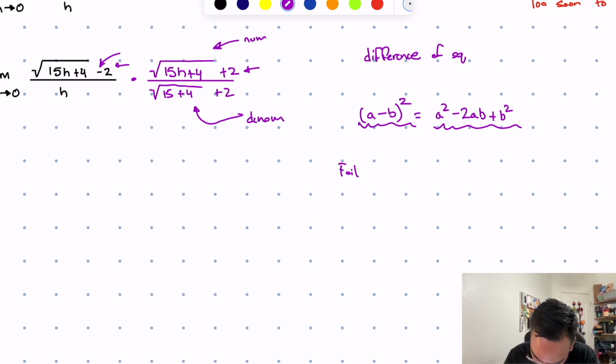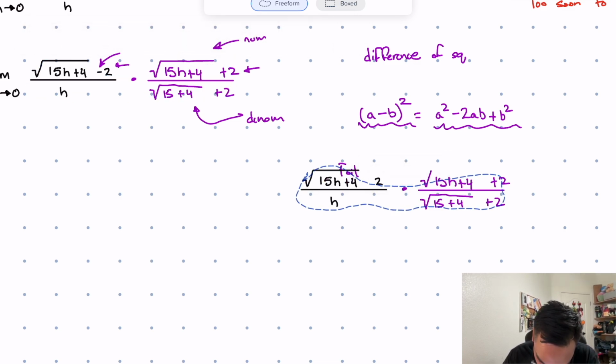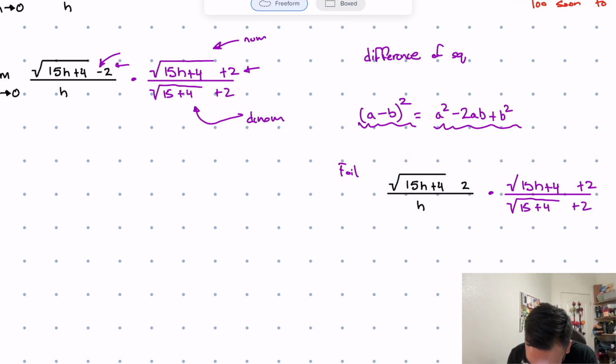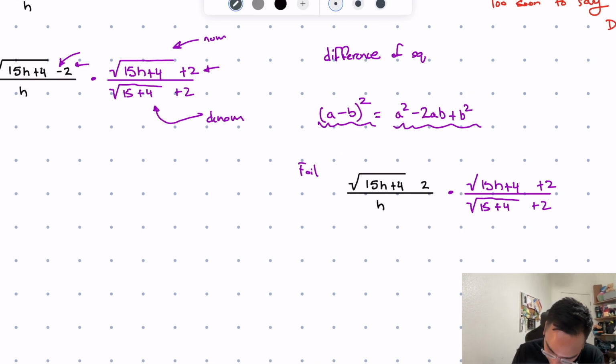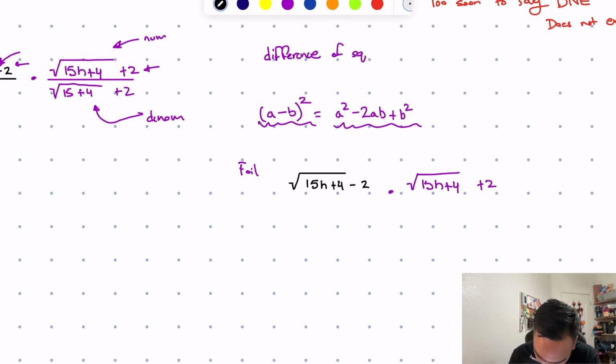So if we do, I'm going to copy this. If we do this and we FOIL them into each other, we're going to do just the top portion because we'll leave the bottom portion away for now.